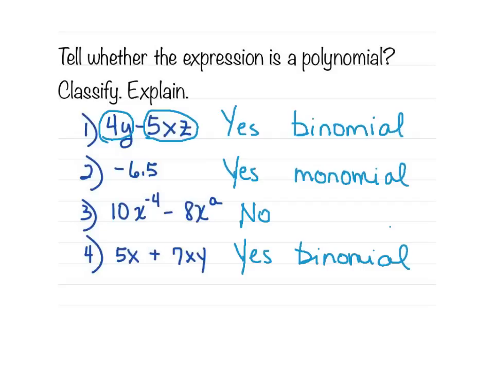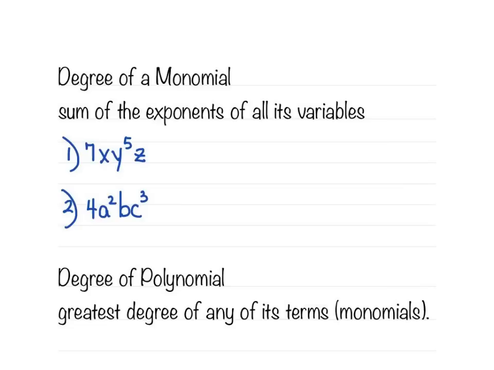Okay, let's move on. We're going to learn how to tell what the degree of a monomial is. The degree of a monomial is the sum of the exponents of all of its variables. Let's look at number 1, 7xy to the 5th z.